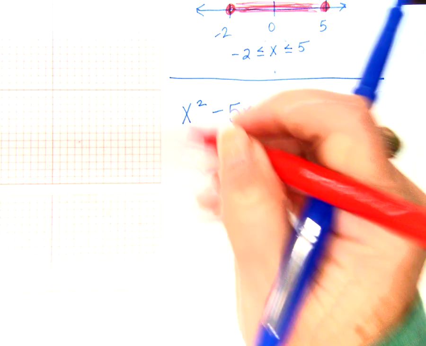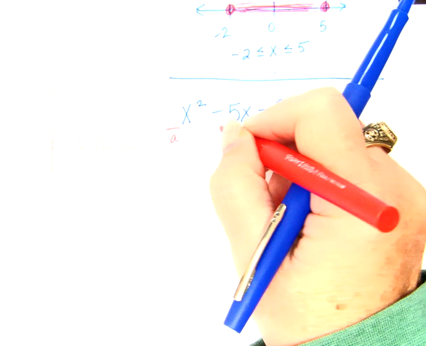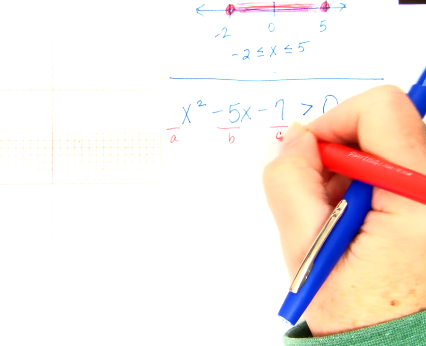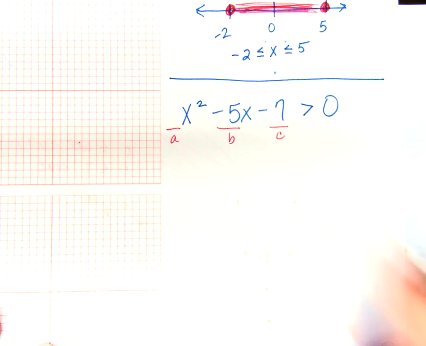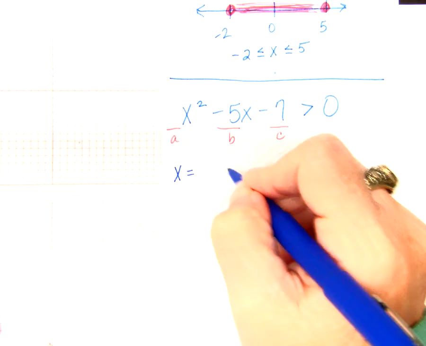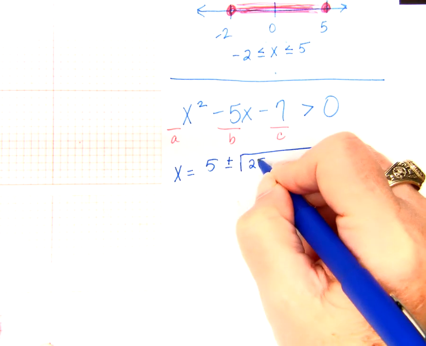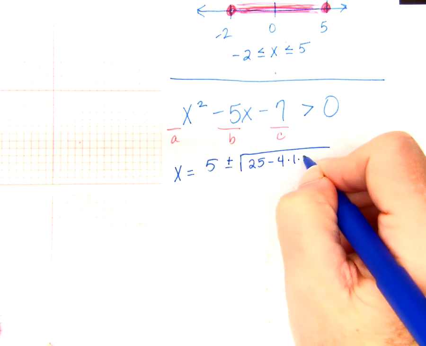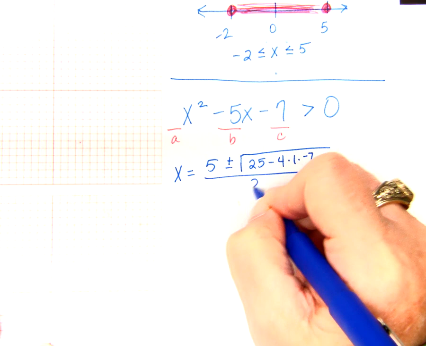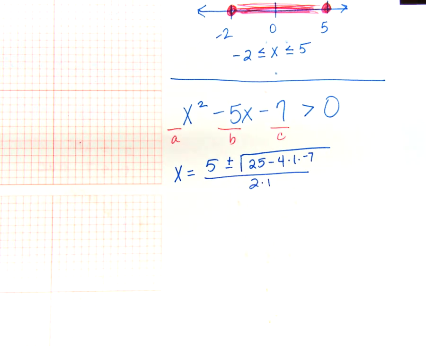Okay, so A, B, C. X equals -b plus or minus the square root of b squared minus 4ac all over 2a. B squared minus 4ac, remember? Okay?